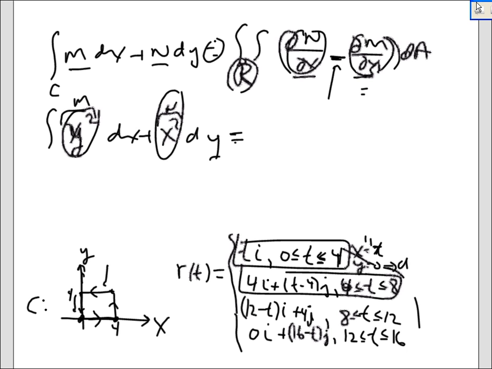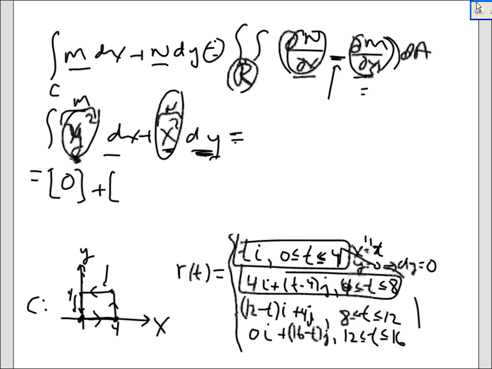But if y is a constant, that means dy is 0. So y squared dx is 0 dx, which is 0, plus x squared, or t squared, times dy, which is 0. The first piece is going to be 0.